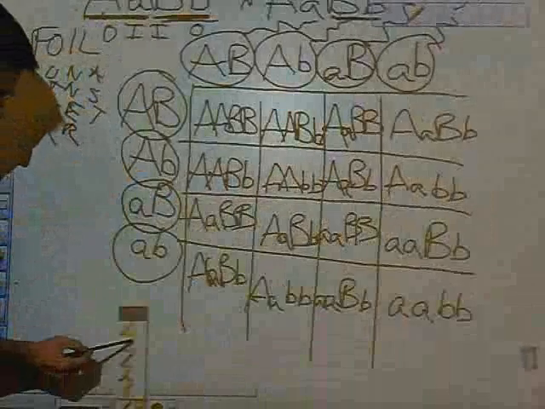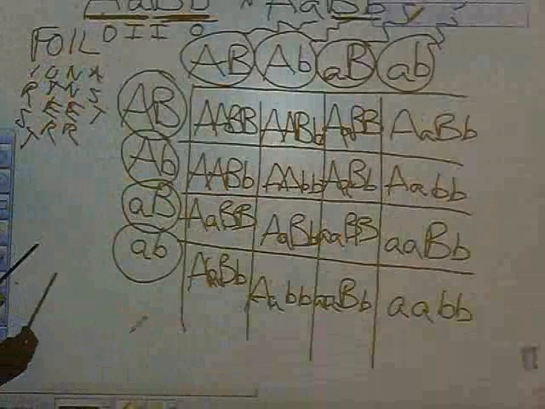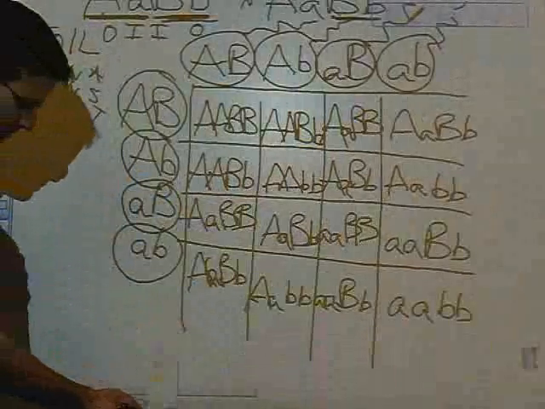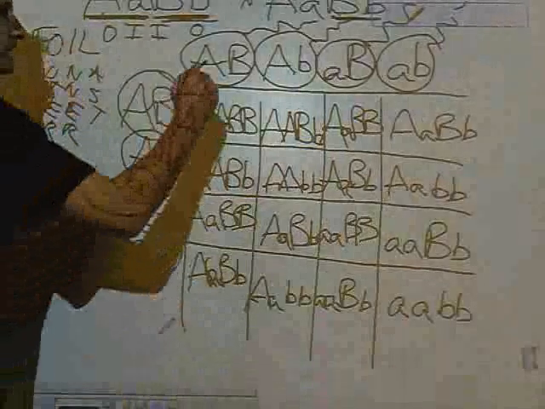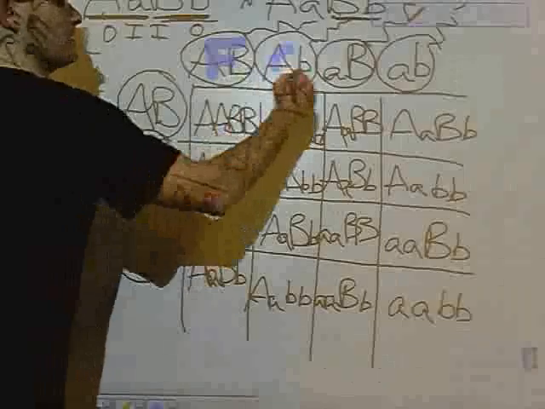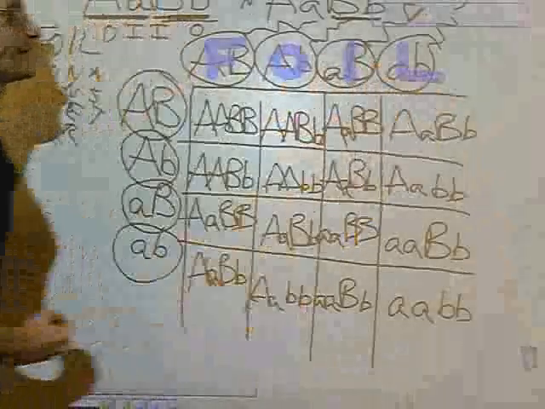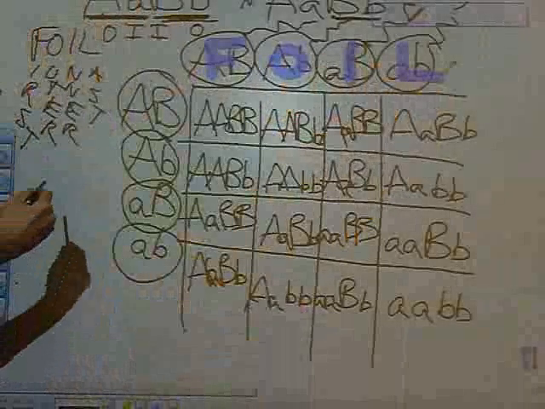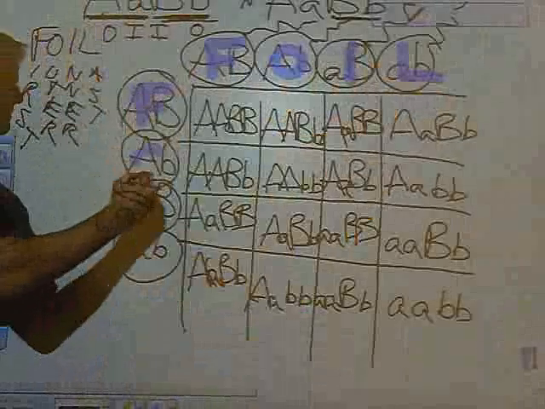Let me show you something, again, another trick that you can double check if you did this correctly. Alright? And here is my FOIL at the top. If I do my gametes correctly, I should be able to spell that out across the top and down the side.